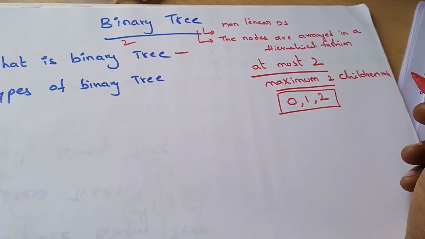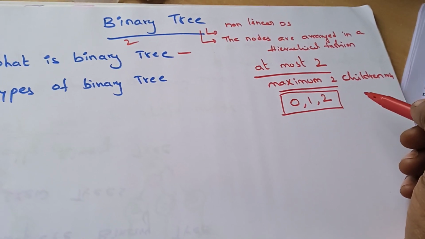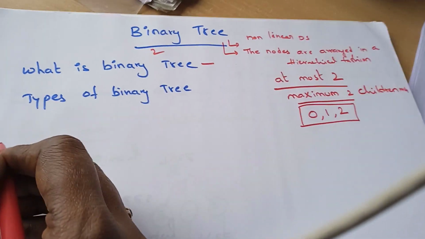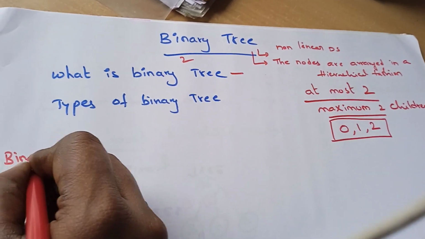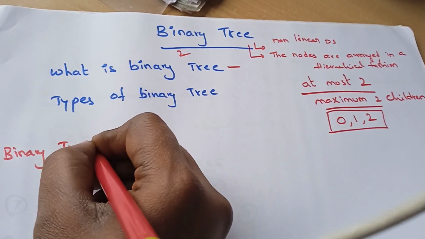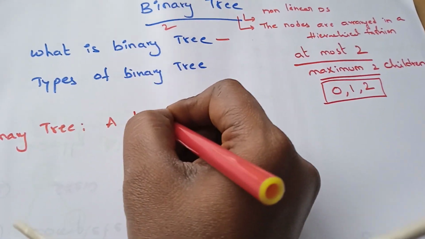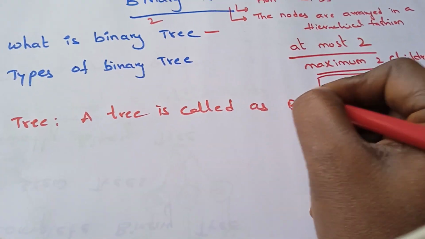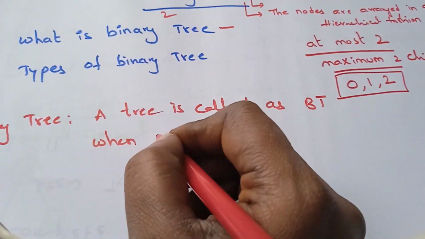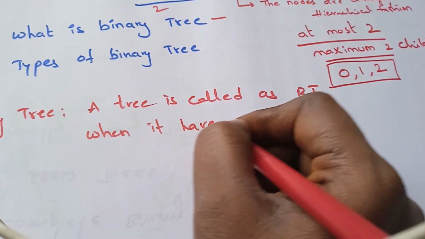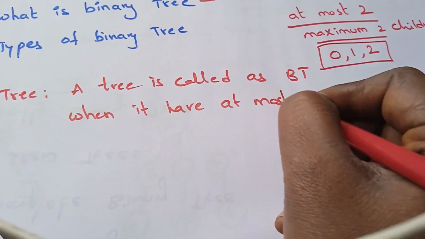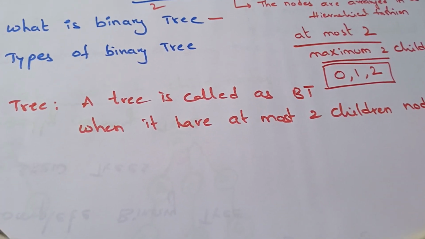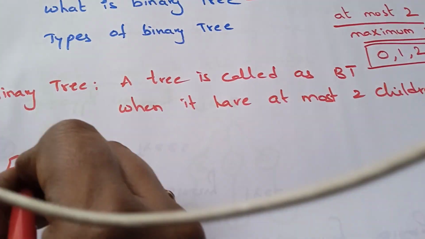A binary tree can consist of at most two children nodes. Example.